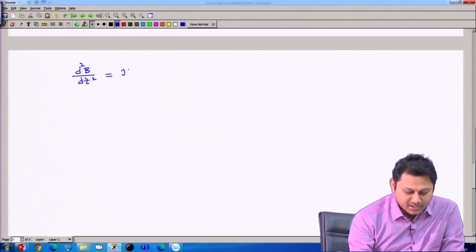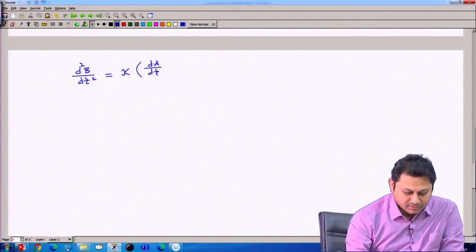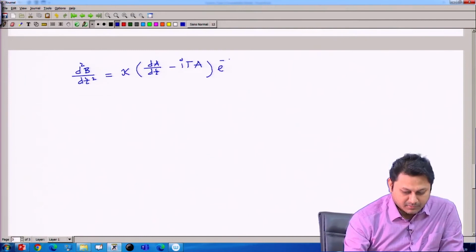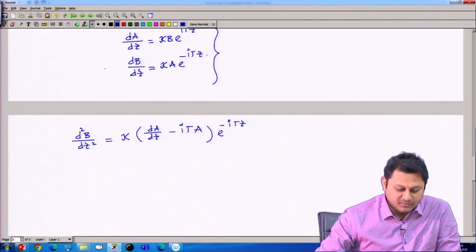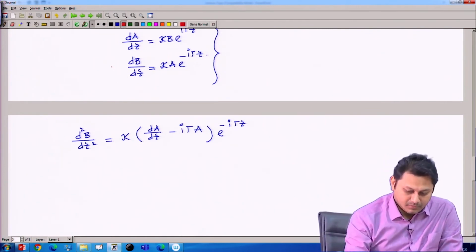The right hand side I should have kappa, then the derivative with respect to Z of A, then I have another term, which I write with e to the power of minus i gamma Z. I just make a derivative of this equation.